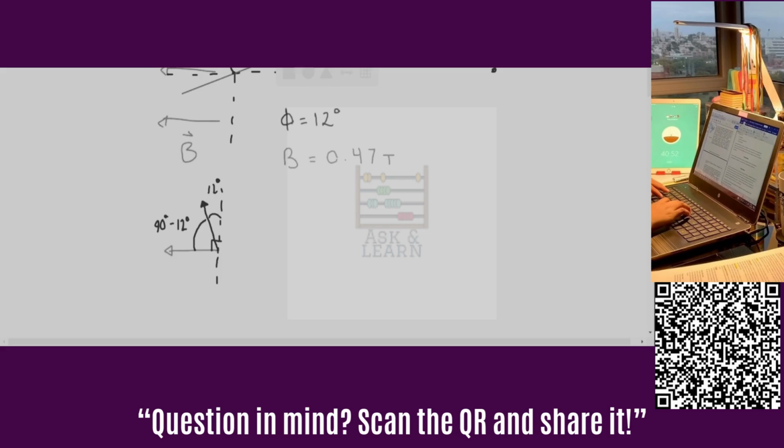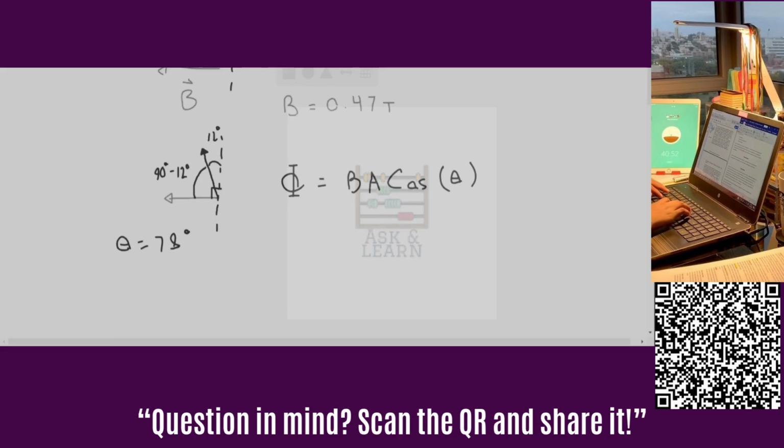When we plug into our equation for the flux, which is the flux equals the strength of the magnetic field times the area of our loop times the cosine of the angle between our surface normal and the magnetic field, we plug in 90 minus 12, or 78 degrees, instead of 12 degrees.